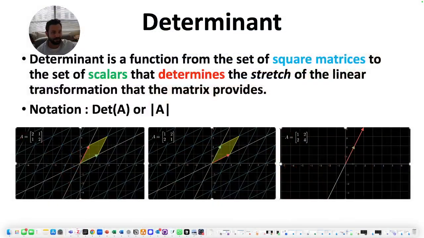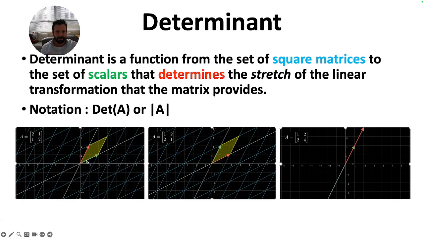Remember our discussion when we discussed matrices, starting from unit vectors, it can actually leave a parallelogram as you see here, or flip the space, or even collapse into a line. So this is important from two aspects.